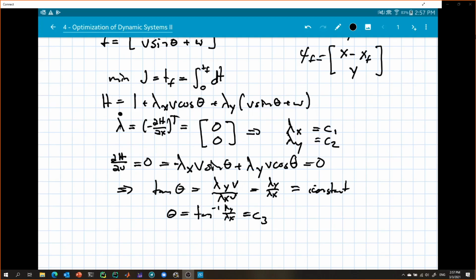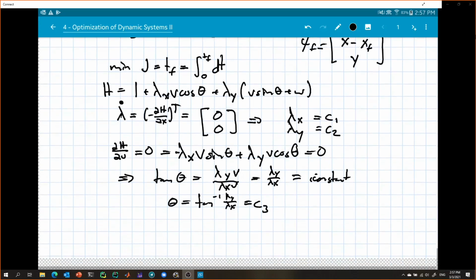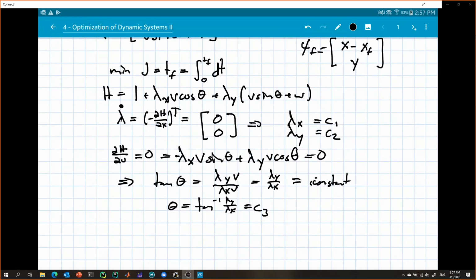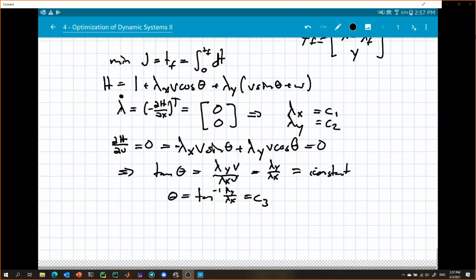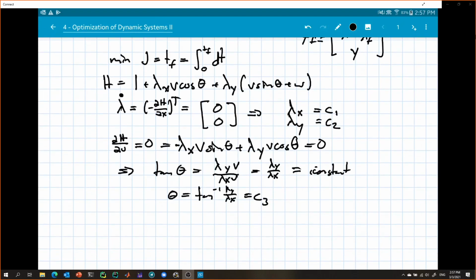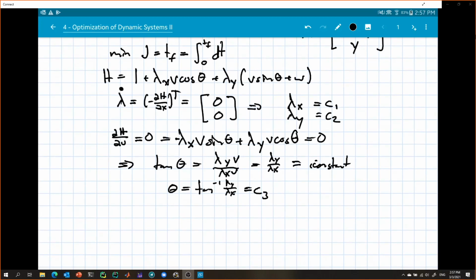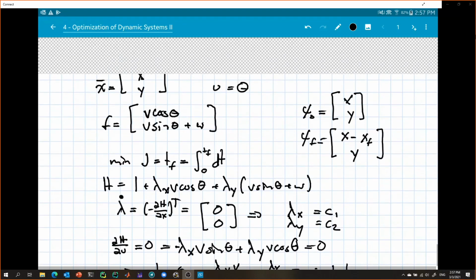Okay, now we can turn to the constraints. This is where my notes don't actually match, because I have this problem solved for the adjoined method. So bear with me. Actually, we're going to do this a little differently.